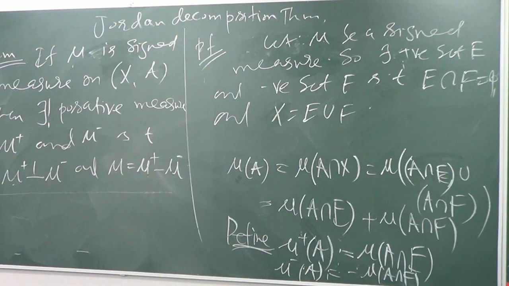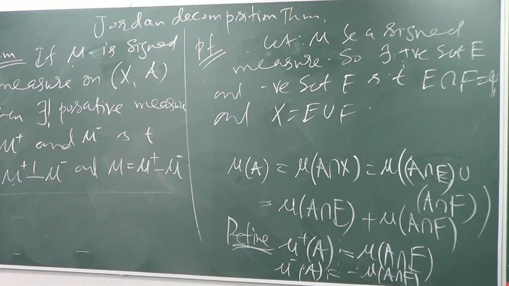So mu minus' of A must be 0. Isn't it? Think about it, because mu minus' is a positive measure. Why?